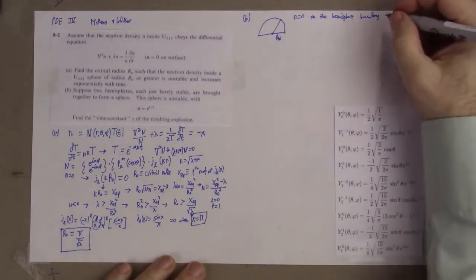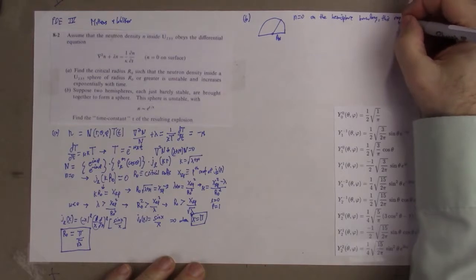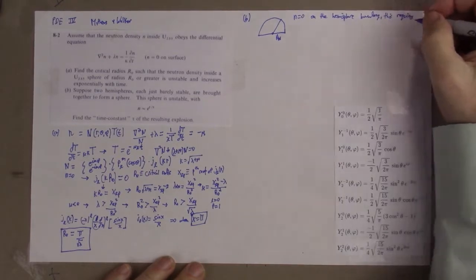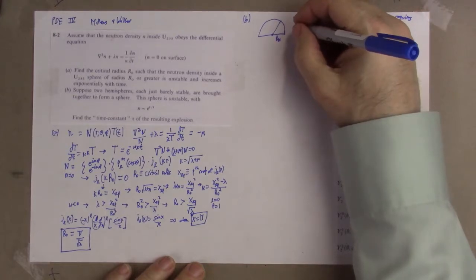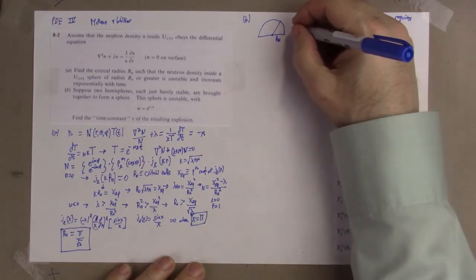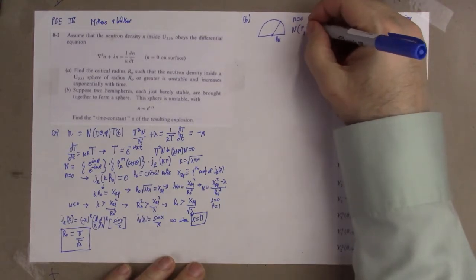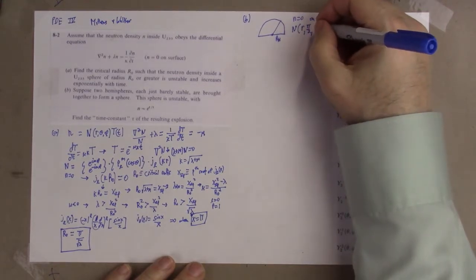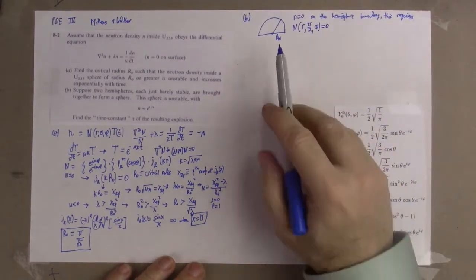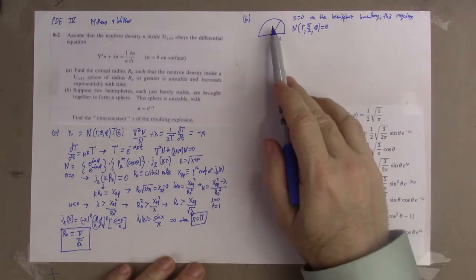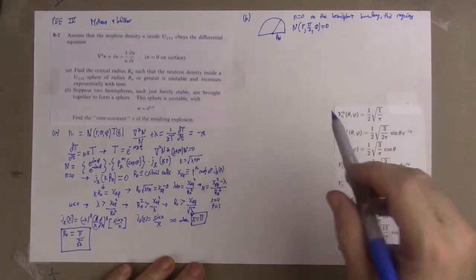So this requires that n of r comma pi over 2 comma phi equals 0, because on the flat side of the boundary, theta is measured from the North Pole, so that's the equator, and this is pi over 2.